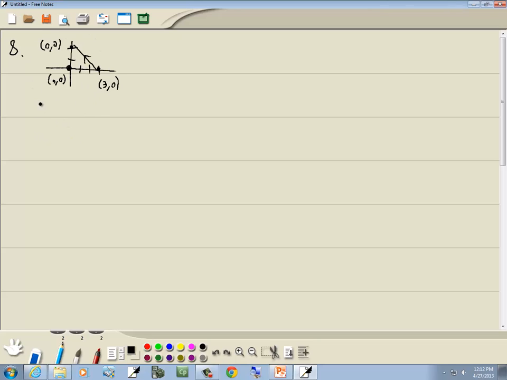Counterclockwise. So our first one here is going to go from (0, 0) to (3, 0). Well, let me try to keep the t values fairly small. If I go from t equal to 0 to t equal to 1, then this would be 3t.